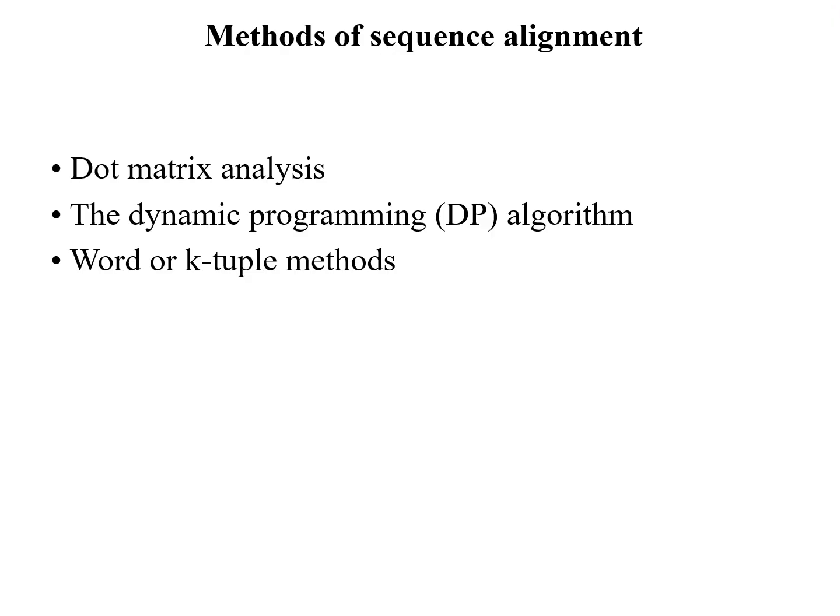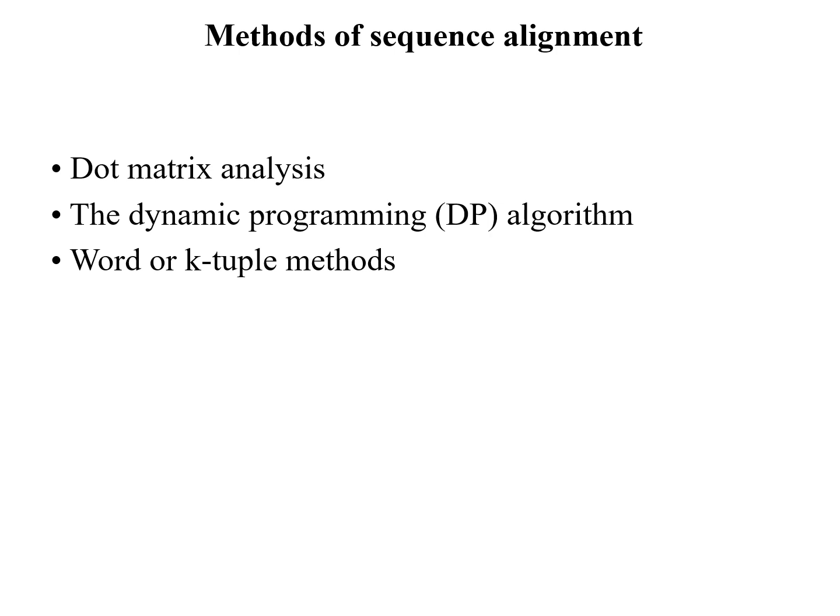So here, how is this sequence alignment performed? Is there an approach? Yes, we do. There are multiple ways the sequence alignment could be achieved. There are simpler ones, there are tedious ones, and there are the sophisticated ones. We call them the heuristic methods.